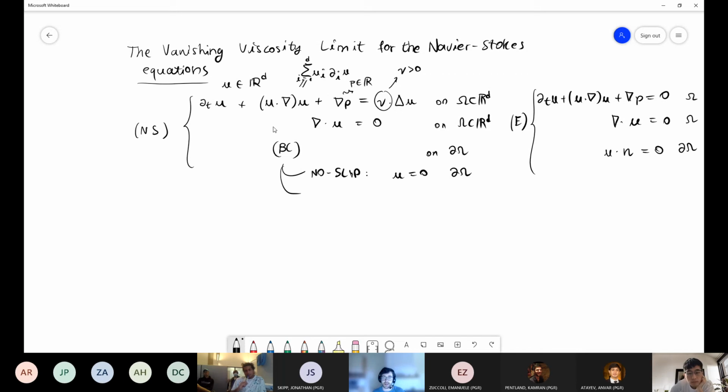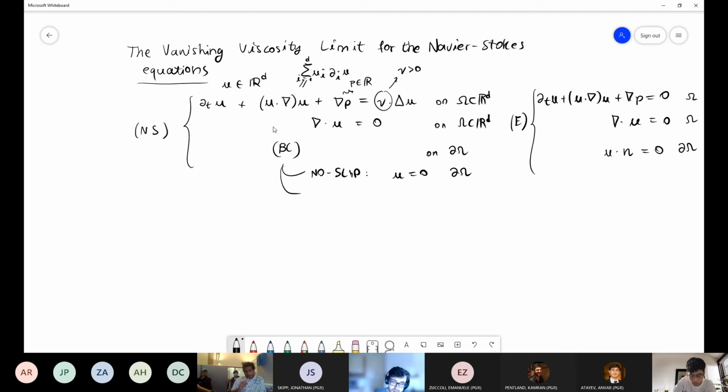So the fluid does not move at the boundary. This makes sense because it's a viscous fluid, so we can expect that at the boundary, the viscosity will make the particles stay still.